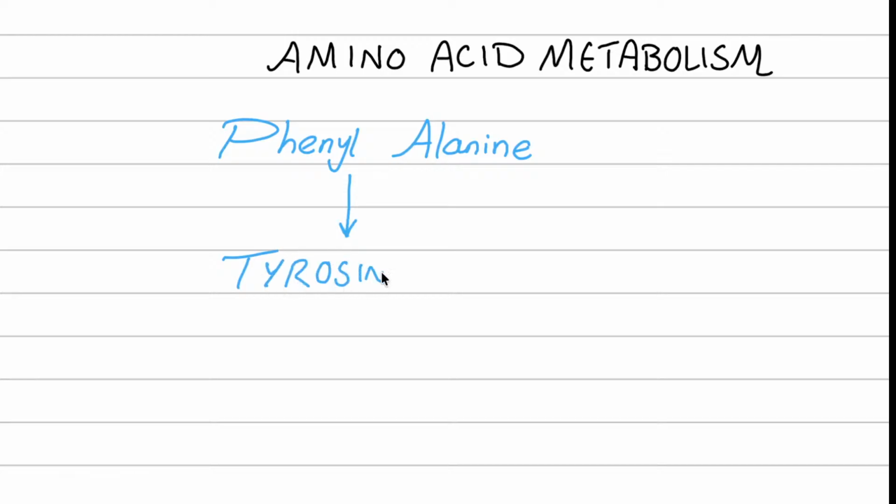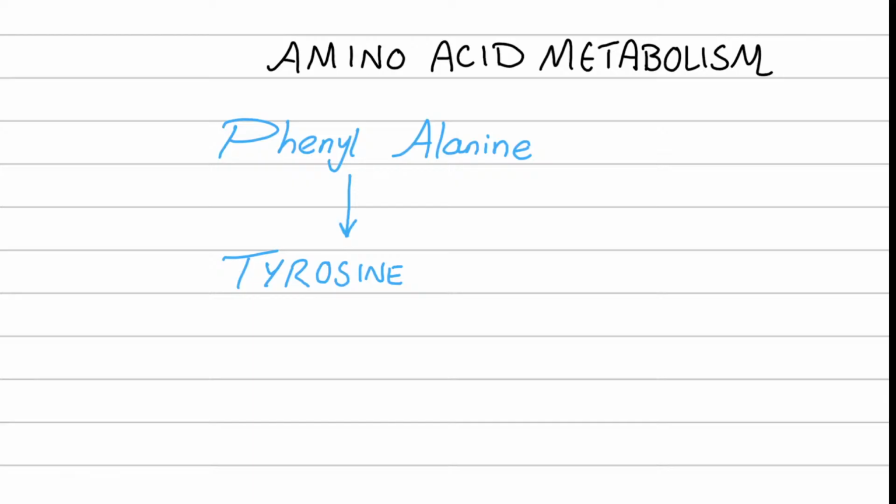Now, you must be wondering, I think I remember what happens next. When you think of tyrosine, what do you think of? I think of it as a precursor for catecholamine synthesis.